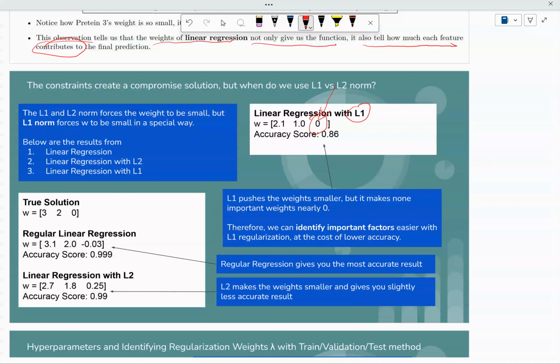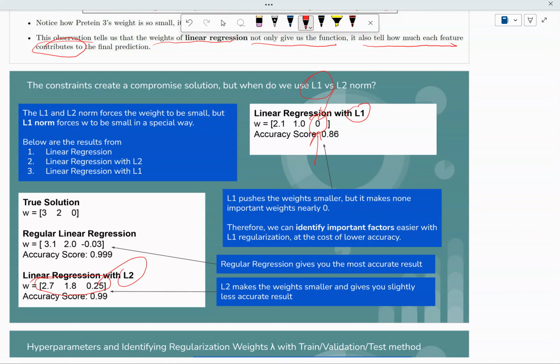So notice the zero. L1 norm is very useful for identifying important features, and that's why it is sometimes preferred, even though it's not as accurate. Notice how L2 norm is really accurate. All it did was basically lower the numbers a little bit.